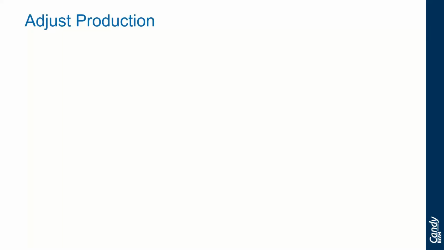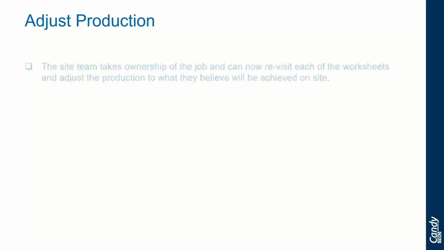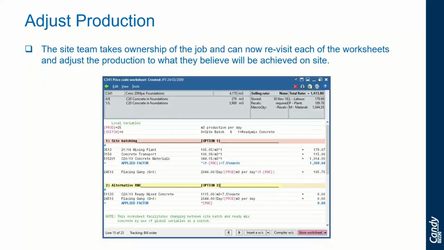The estimate created by the tendering department can now be used for project control on site, and this allows for the following adjustments of production, so the site team can take ownership of the job and they can now revisit each of the worksheets and adjust production to what they believe will be achieved on site.